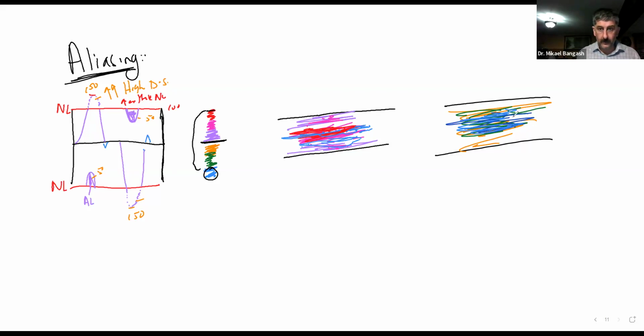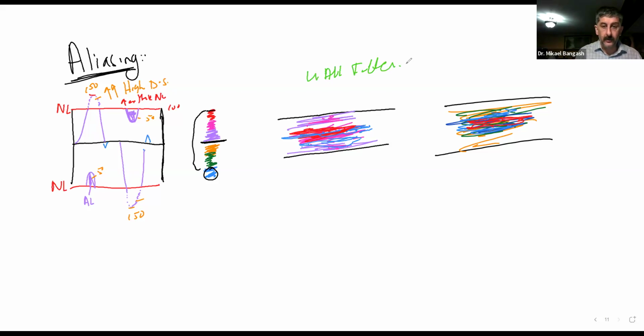But then we will also have some, and that would be your aliasing. Now, one thing: in this case, if we apply a wall filter, what would the wall filter do?